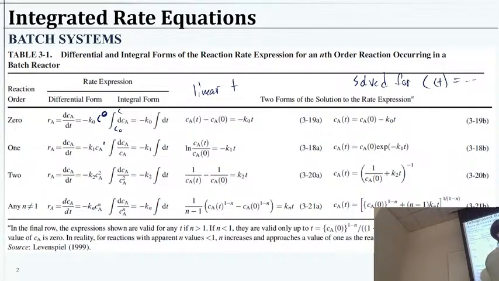Could rearrange that to solve for c. It's very obvious. c equals c naught minus kt. Okay. First order, then, this is our natural log system, and here's where we can keep it with a natural log to get our linear form, where we might plot it versus time and have a linear relationship to time. That's quite convenient.